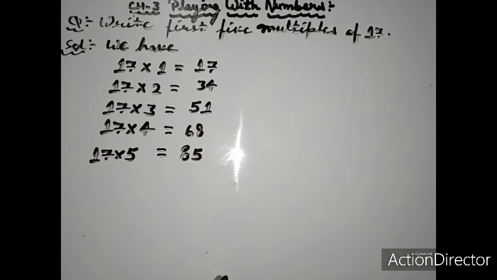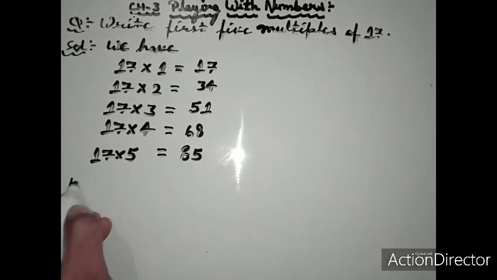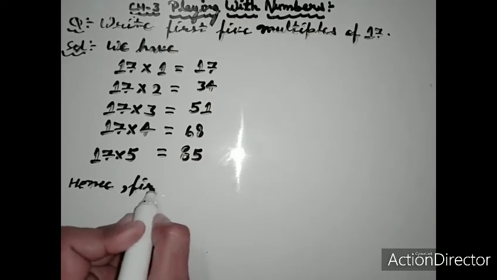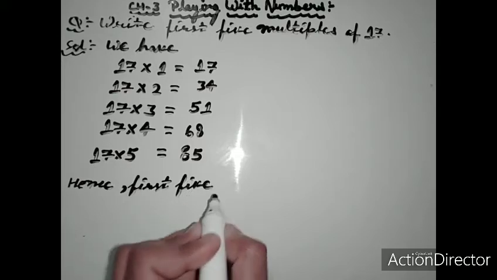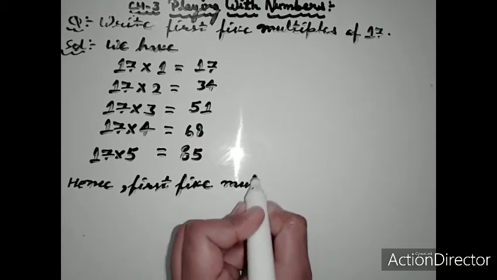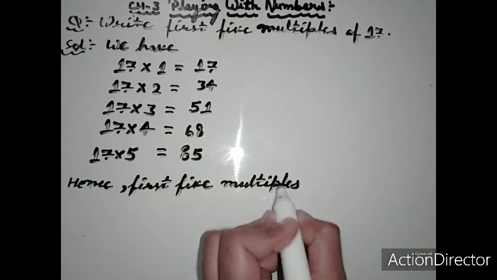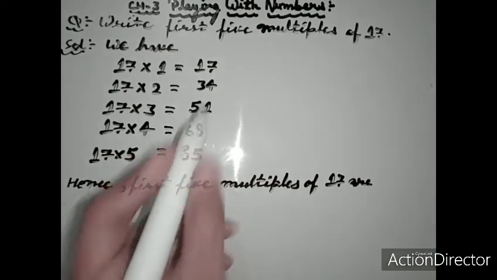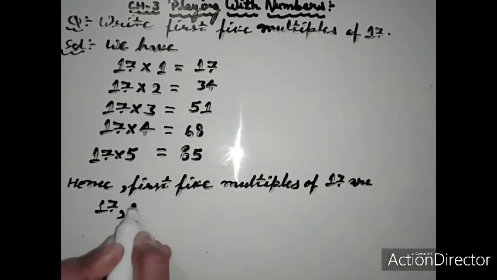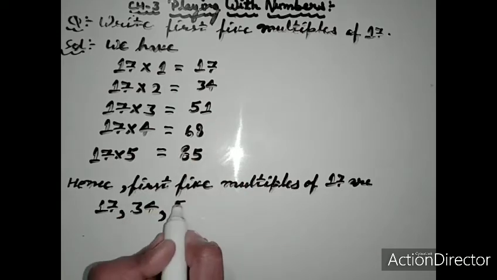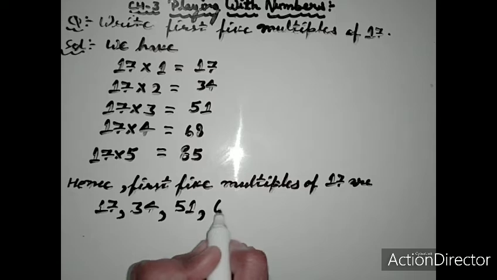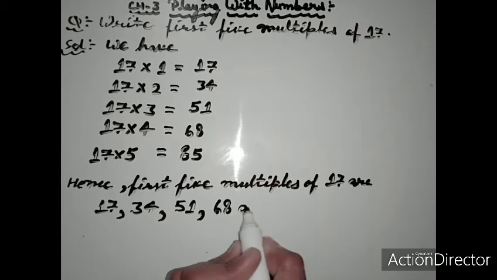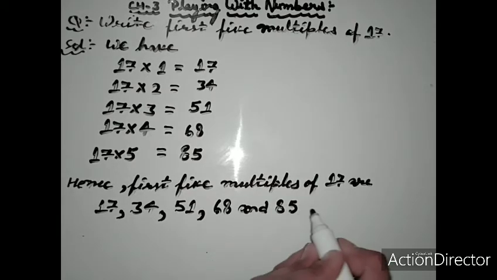Hence the first 5 multiples of 17 are 17, 34, 51, 68 and 85 respectively.